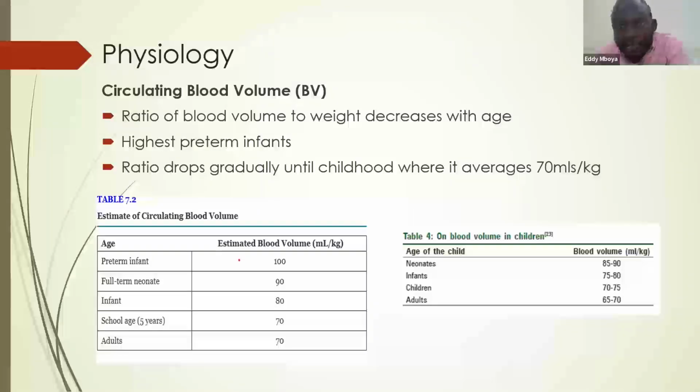And the importance of this is that when a child is going through surgery or has losses that are actively ongoing, it gives you an idea on when to transfuse the child or how aggressive you should be with your resuscitation. Because a preterm infant with just 200 mils of circulating blood volume, by the time they lose up to 30, 40 cc's of blood, that's quite significant.